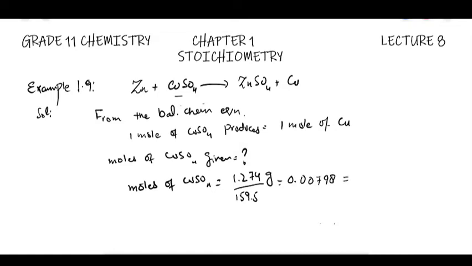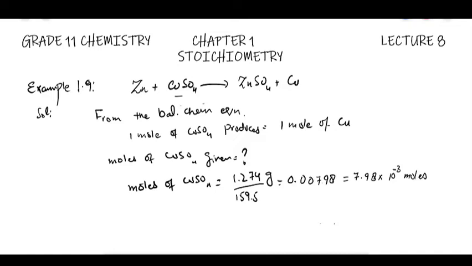Or you can write it in this form as well. If you shift the decimal point here, then it is 7.98 into 10 raised to the power minus 3 moles of copper sulfate.